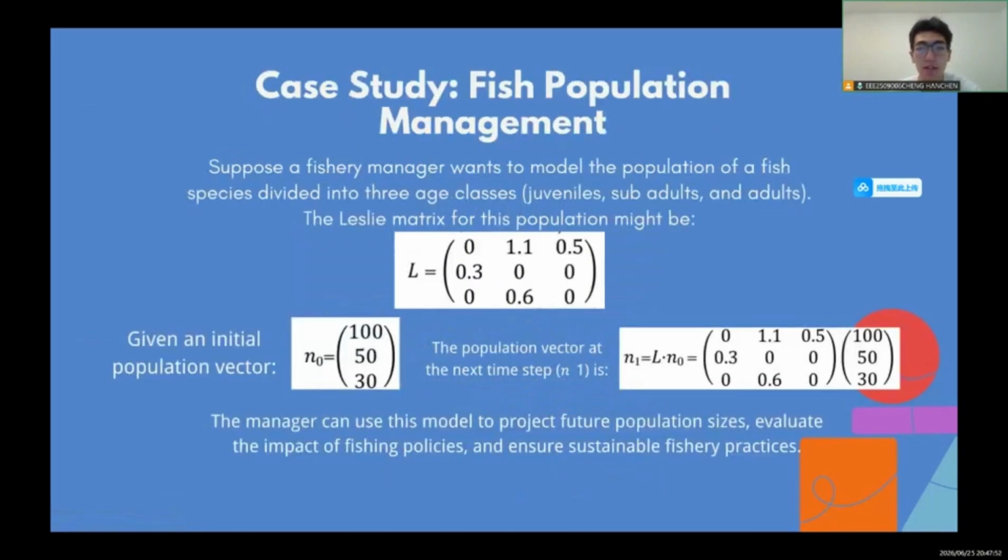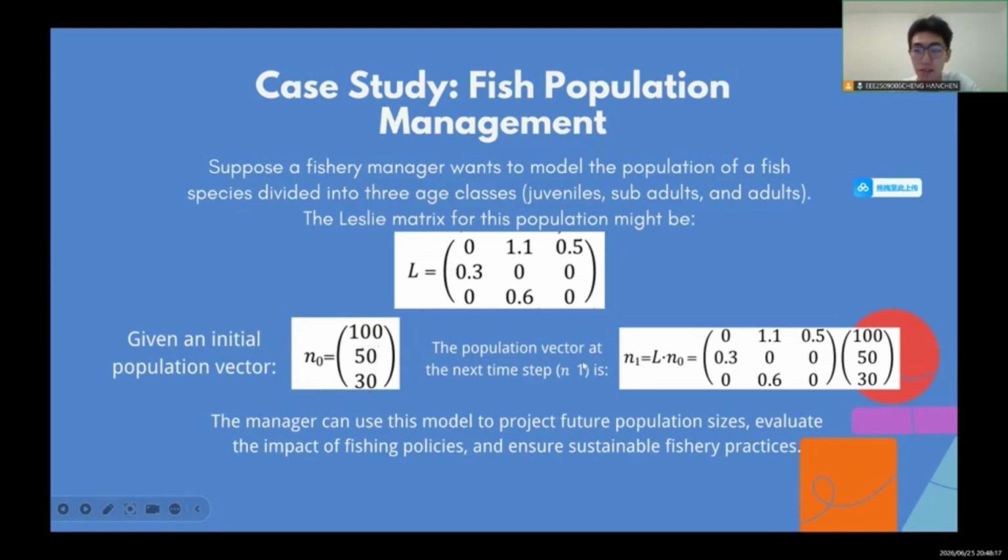And the case study, fish population management. Suppose a fishery management wants to model the population of a fish species divided into 3 age classes: juveniles, subadults, and adults. The Leslie matrix for this population might be like this one. And you can give an initial population vector n0, 150, and 30.